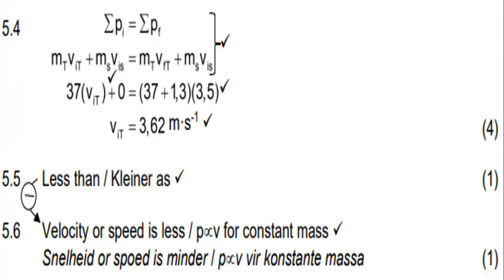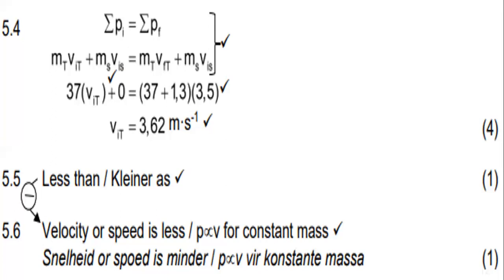And that is why before jumping onto the skateboard, the momentum will be high. After jumping onto the skateboard, the momentum will be less altogether, right? And that is how you would have answered that particular question. And honestly, my dear learners, this is really not challenging. You just need more practice, and you will do very, very well.